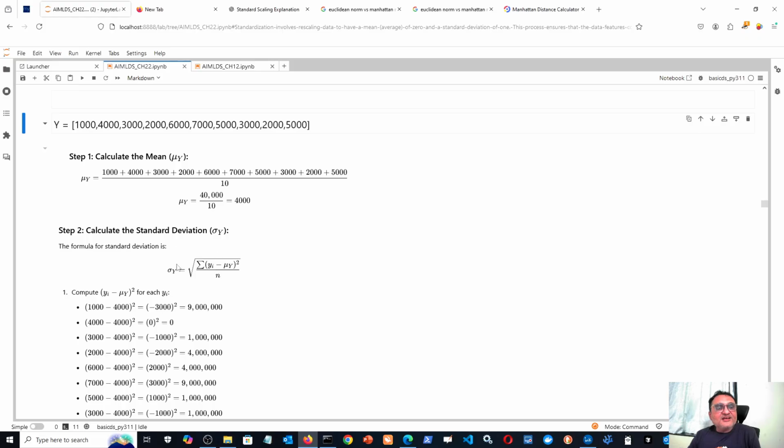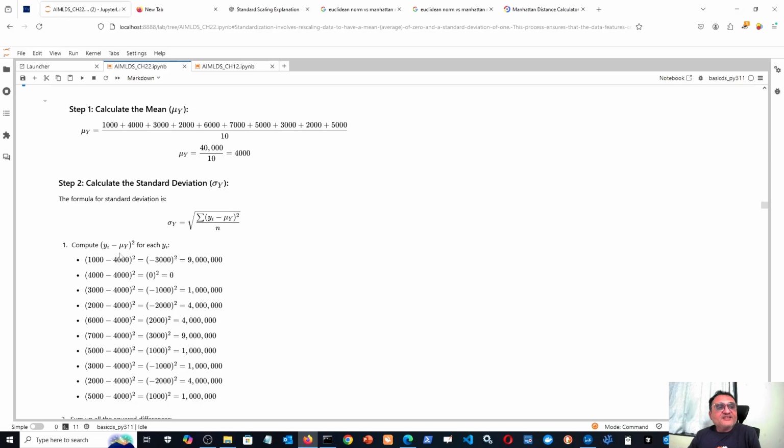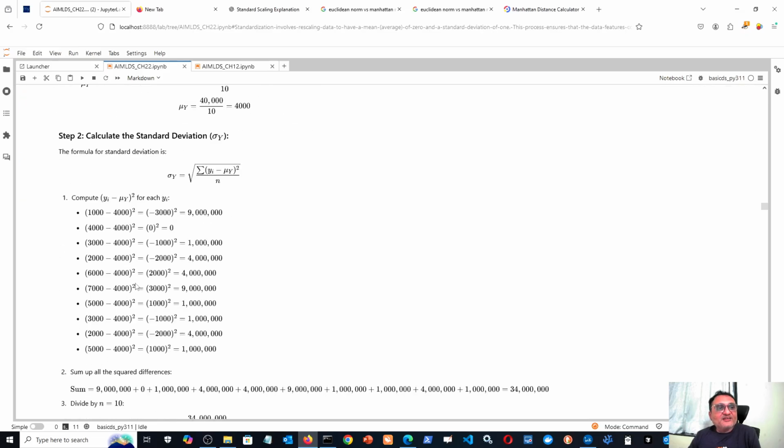Standard deviation. Now here the standard deviation calculation would be a lot longer. It is yi minus mu y, whole squared, then the sum of all those yi minus mu y whole square terms, and then divided by the number of observations. So first let us find each yi minus mu y whole square term.